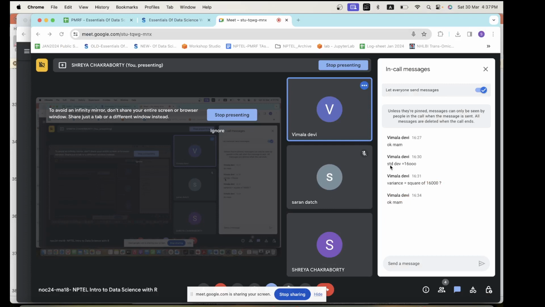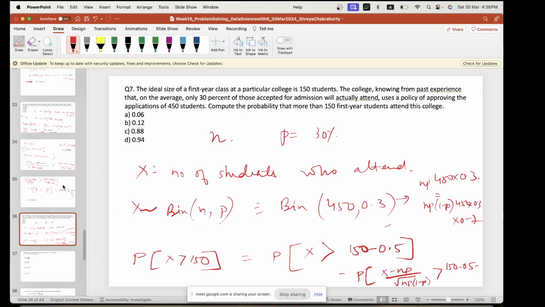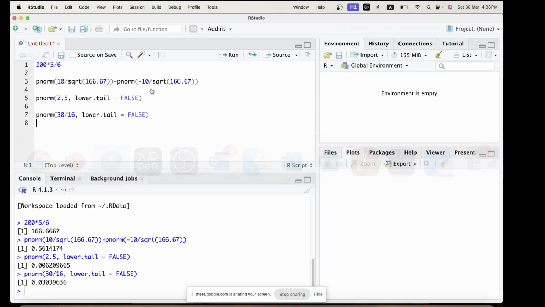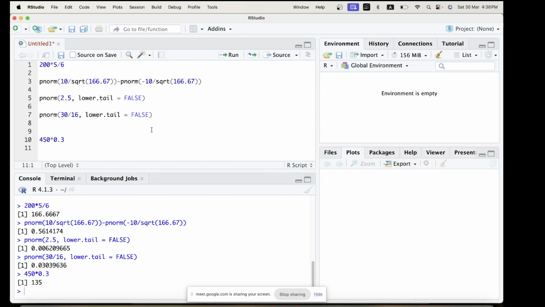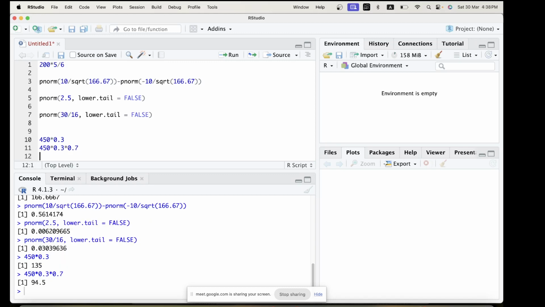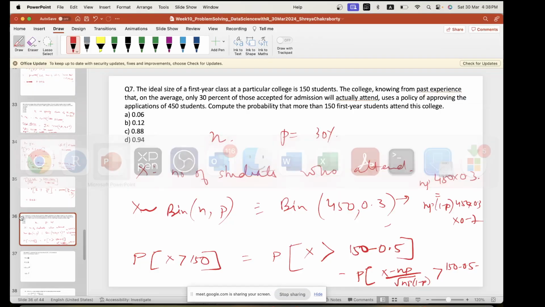Standard deviation in the previous one was 16,000, so variance would be the square of 16,000. Yes, that's true. Okay, so I wanted 450 into 0.3. This is 135, and 450 into 0.3 into 0.7 is 94.5.